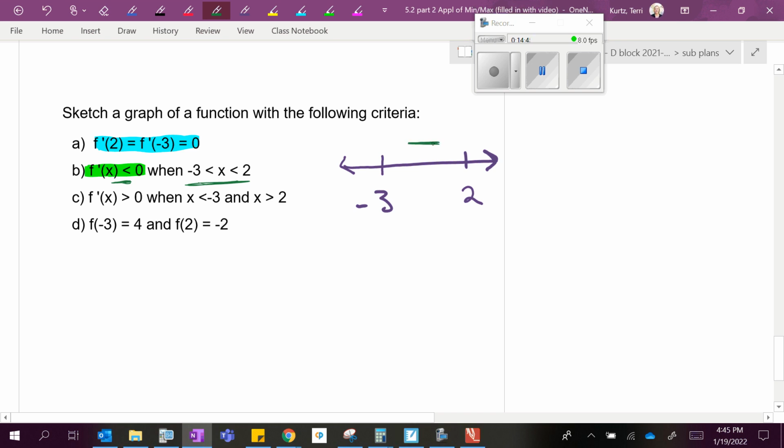So we know it's negative on that interval. We know it's positive, or greater than 0, when x is less than -3 and when x is greater than 2. We're also told the original function at -3 is 4, and at 2 is -2.